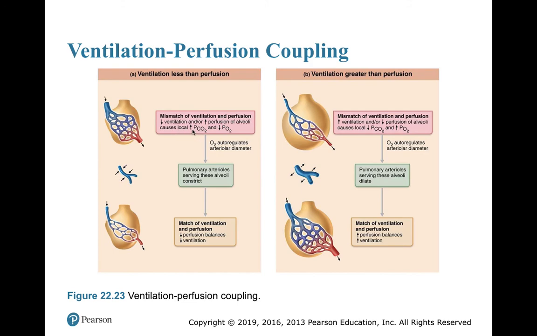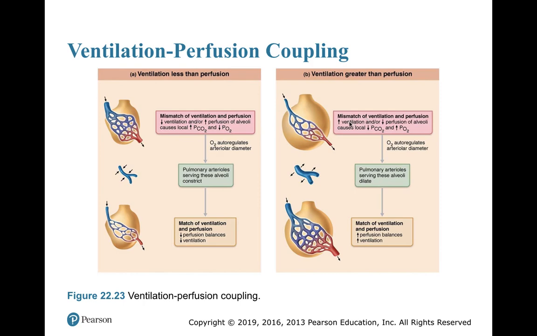That would cause local increases in CO2 levels and decreases in oxygen levels. So the pulmonary arterioles that serve those alveoli would constrict, and that would eventually balance the perfusion with the decreased ventilation.